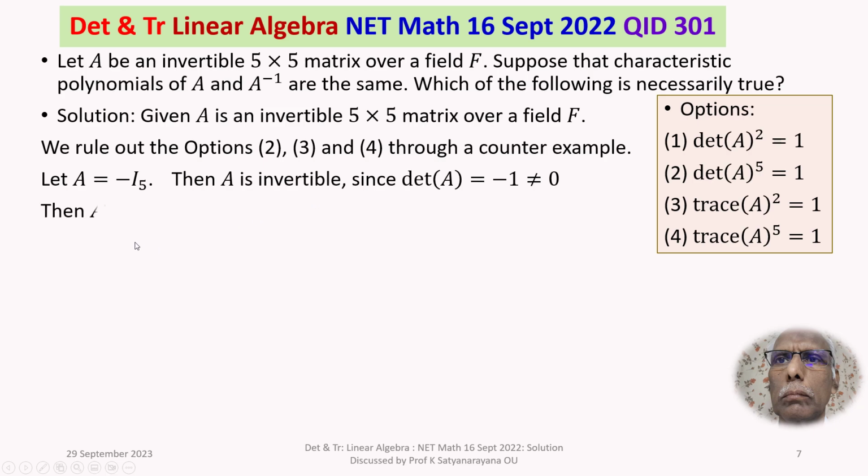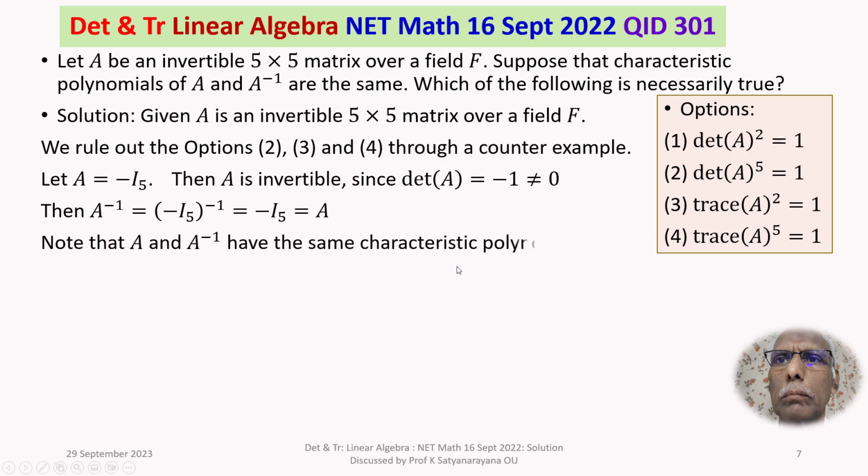Because it is invertible, its inverse exists, so A inverse is equal to minus I5 inverse. Minus I5 inverse is minus I5. You can check: minus I5 multiplied by minus I5 is identity I5. And what is minus I5? It is again A. That means A and A inverse are one and the same in this case. So they have the same characteristic polynomial.